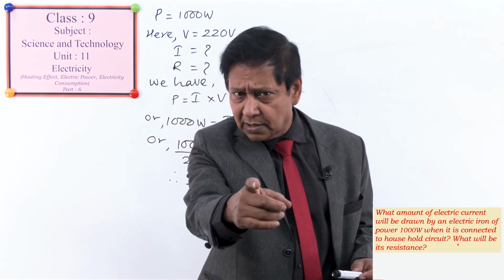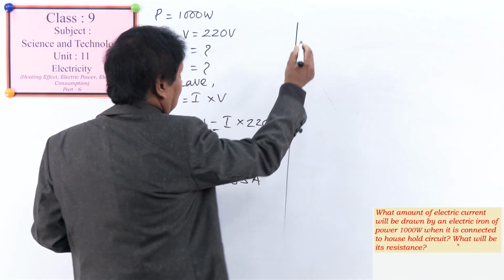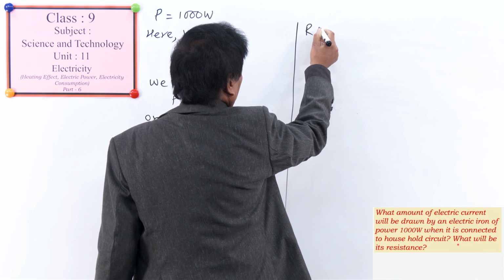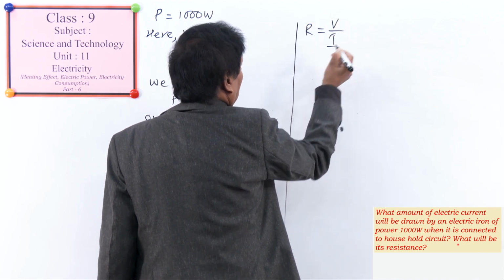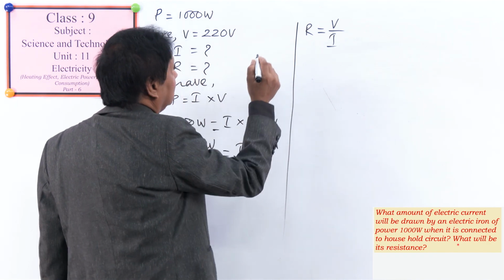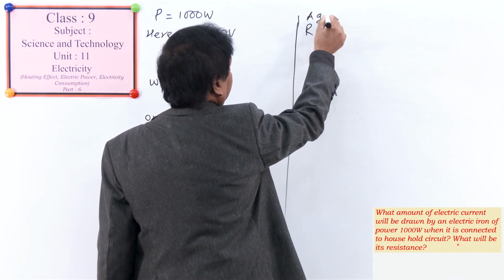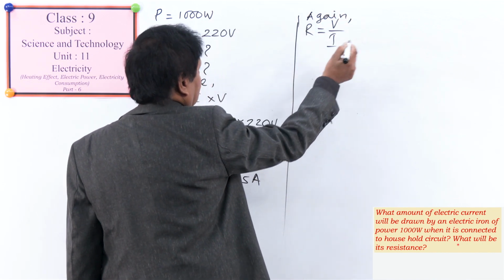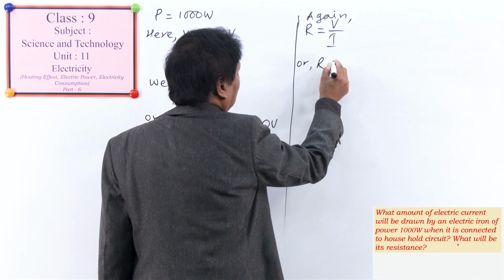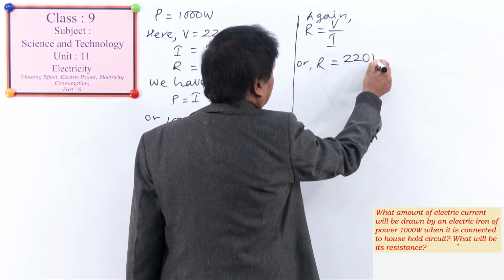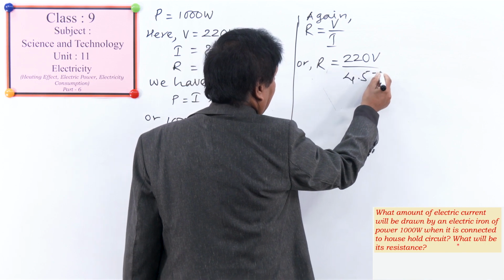Okay, there is another question also. What will be its resistance? Now, how to get resistance? Using Ohm's law. According to Ohm's law, resistance is a constant and it is the ratio of V by I. We can use this equation and write R equal to V by I, or R is equal to V, which is 220 volt, divided by current 4.55 ampere.